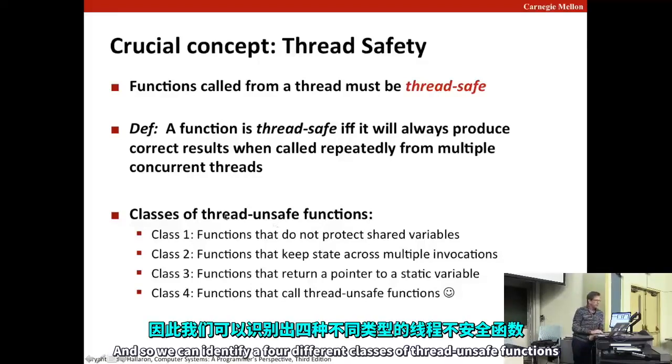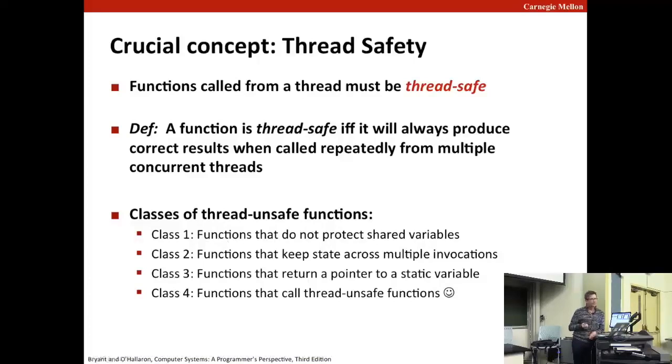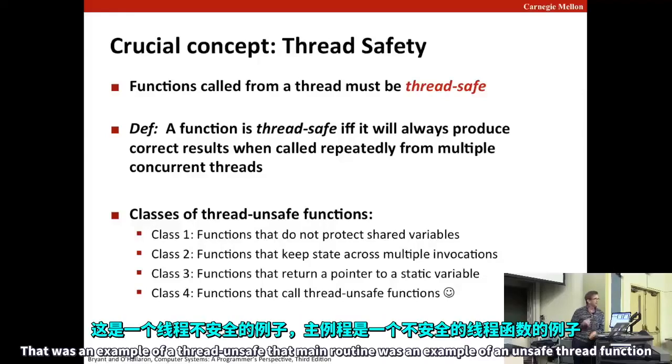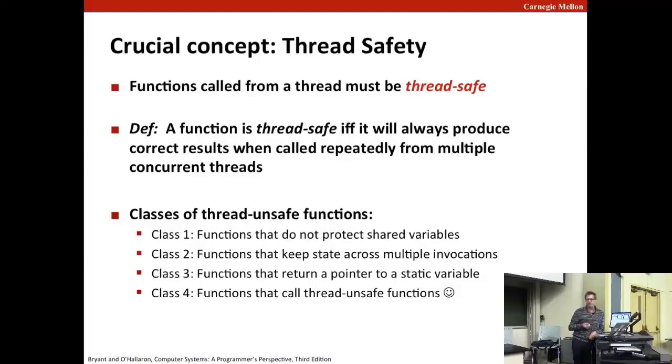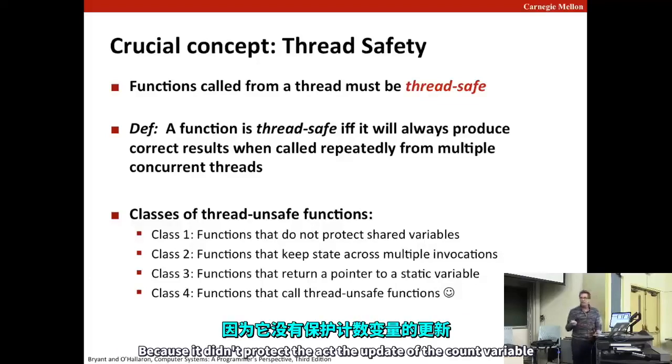And so we can identify four different classes of thread unsafe functions. One class is functions that fail to protect shared variables with mutexes. We've already seen that with bad count. The thread function was an example of an unsafe thread function because it didn't protect the update of the count variable.